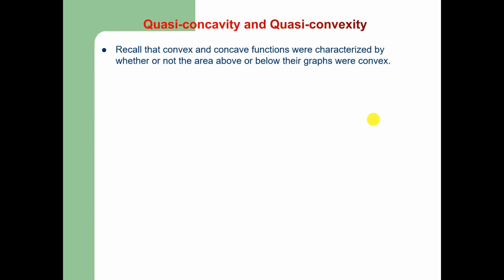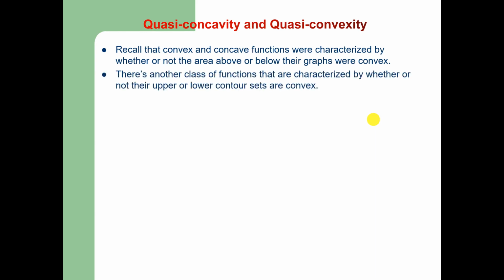Now we discuss quasi-concavity and quasi-convexity. Let us recall that convex and concave functions were characterized by whether or not the area above or below their graphs was convex. There is another class of functions that are characterized by whether or not their upper or lower contour sets are convex.